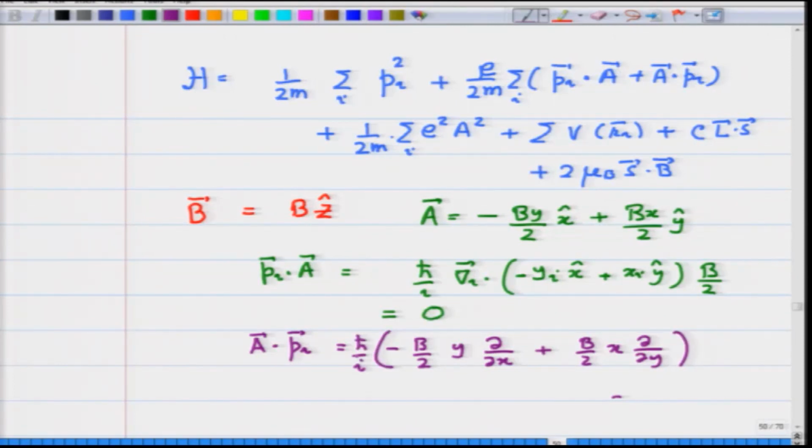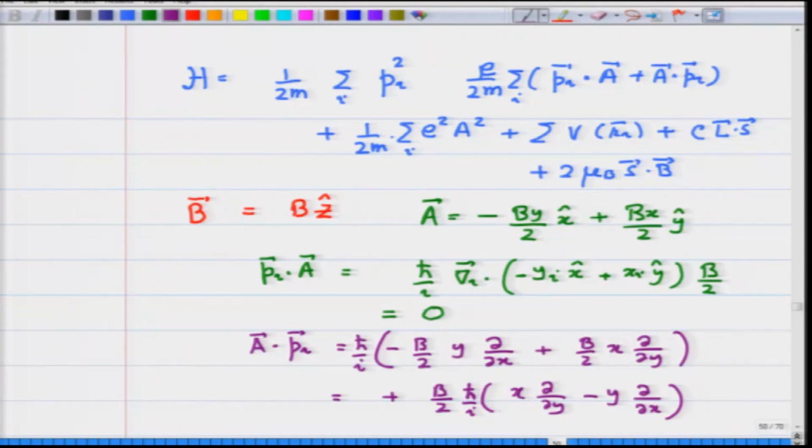This is from the definition of the momentum operator, which I can write as B/2 (x d/dy minus y d/dx), times h cross over i.